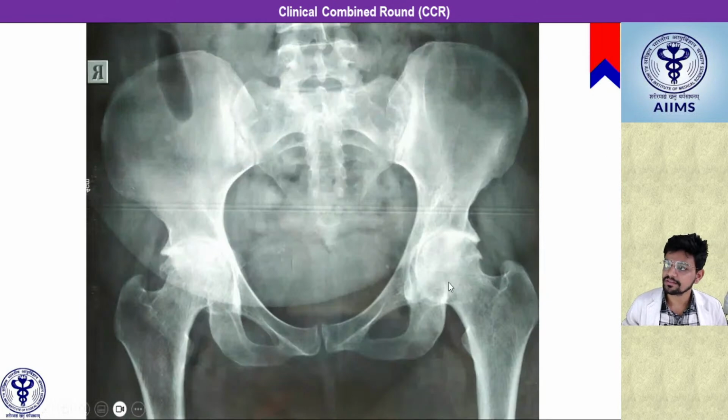And on the pelvic X-ray, we can see there is bilateral symmetrical sclerosis of the hip joint, bilateral femoral head, with reduced joint space diffusely. And also we can look at the SI joint, there is some sclerosis at the iliac side, more on the right than the left.